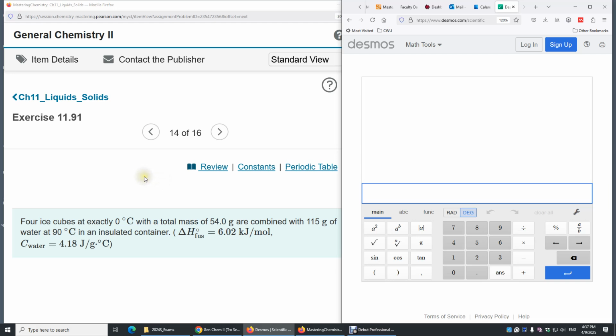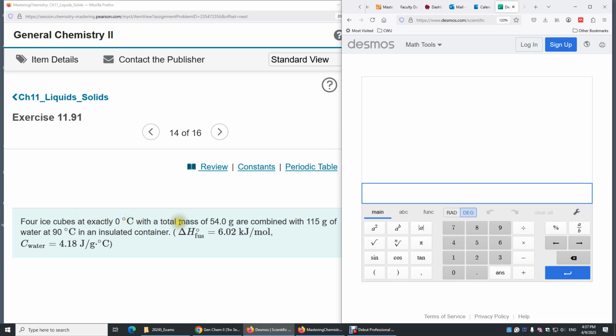When we analyze this question, number one, we need to know that these ice cubes will melt first into water, so we're looking at fusion from ice to water at 0 degrees Celsius.